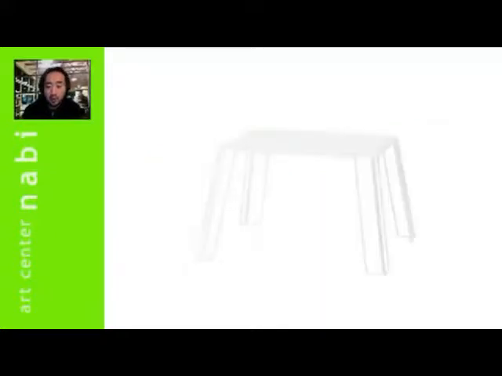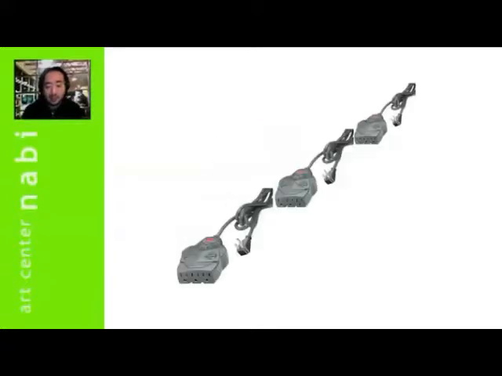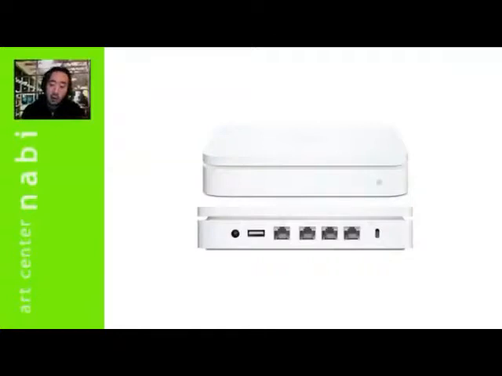Next slide. And here's a breakfast tray from IKEA. We have a lot of stuff from IKEA, and this is what we put the laptop on. And next slide, please. We chain them up with power, and those run all through the ensemble. Next slide. To networking that connects all the computers via wireless or sometimes wired Ethernet.